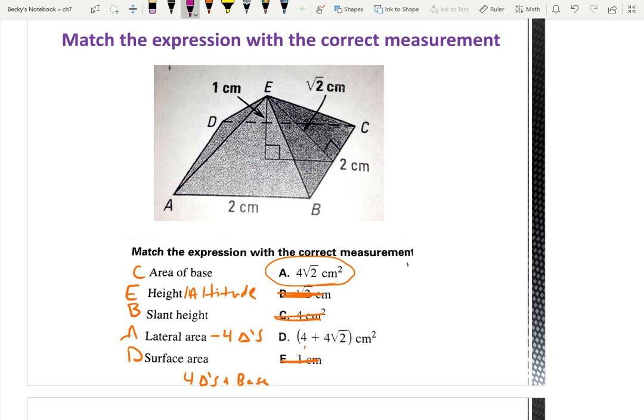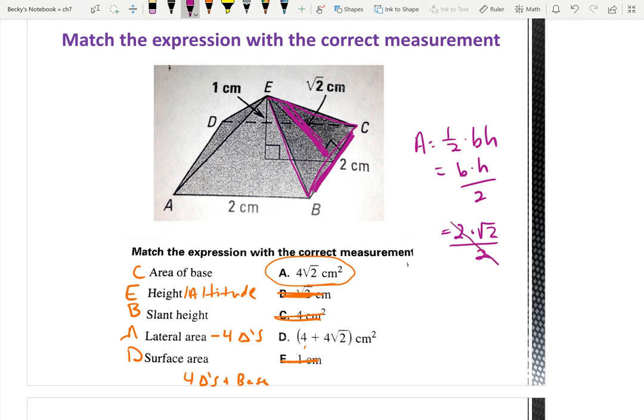You knew I was going to say that. Okay, let's find the area of this triangle. So area is 1/2 base times height, or as you know from last lesson, base times height over 2. My base is 2, and my height here is √2, and it has to be over 2.